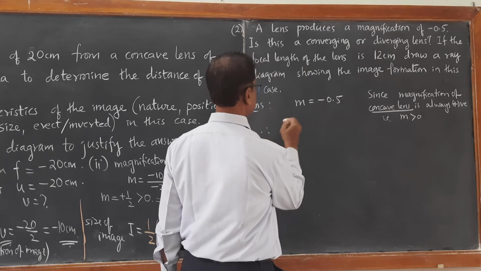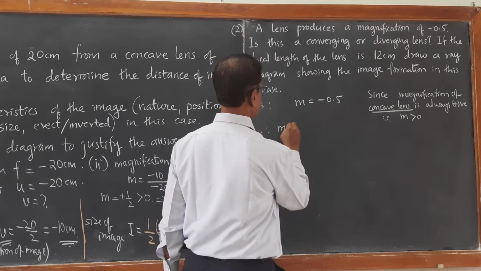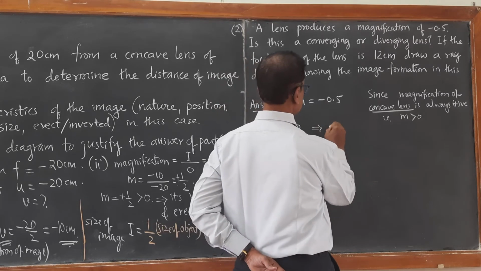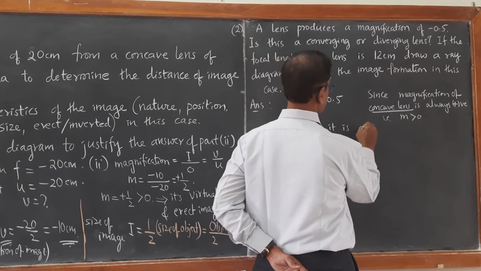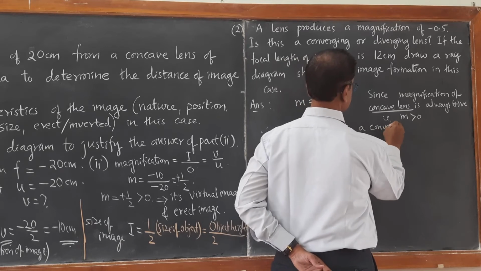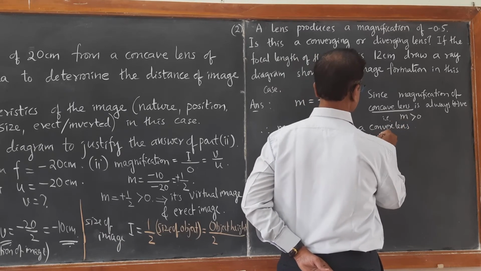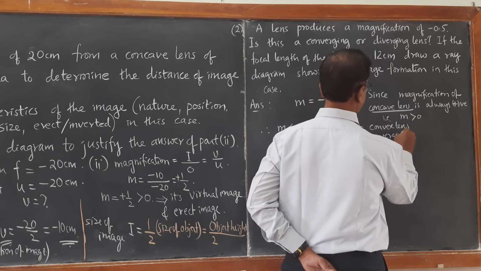Therefore, M less than 0, means M negative, implies it is a convex lens. Convex lens means converging lens.